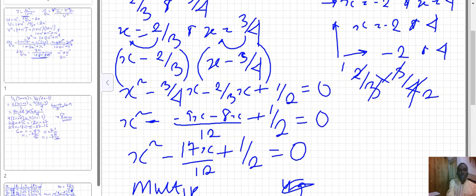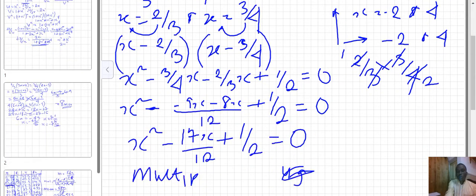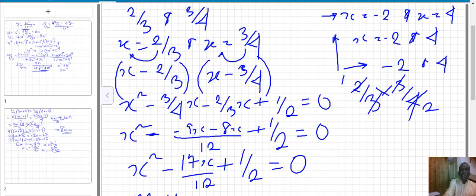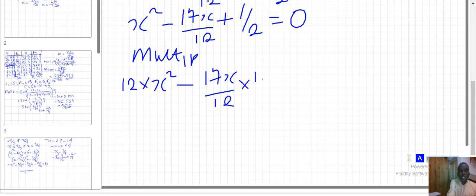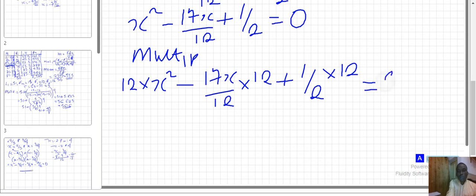So if we multiply all the terms by 12, we are going to have 12 times x squared minus 17x over 12 times 12 plus 1 over 2 times 12. Everything will be equal to 0 times 12.